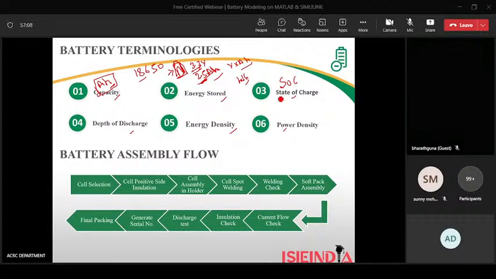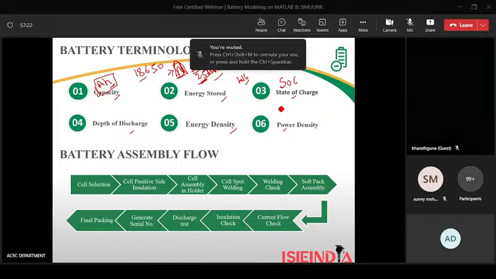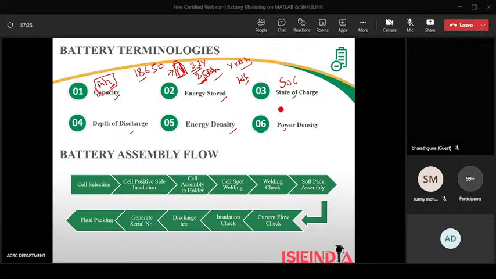Now SOC, the state of charge. Does anyone have any idea of SOC? Yes. No, sir. State of charge. Yeah, it means how much power is available in the cell.